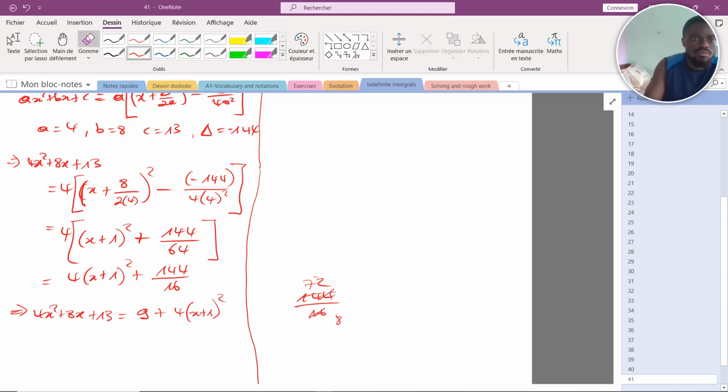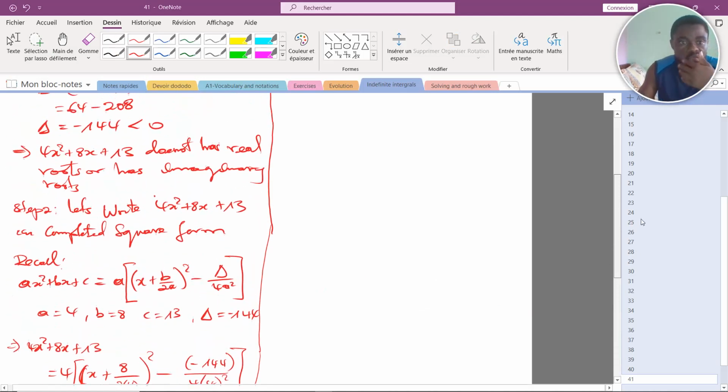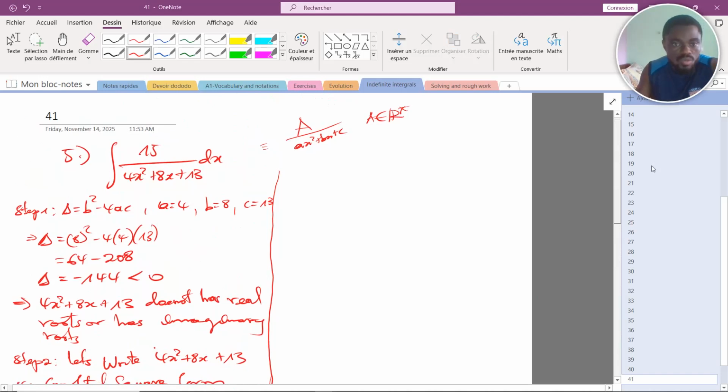Okay, now let's continue with the integral. We have already completed the square. That's the completed square form. So we want to integrate this.